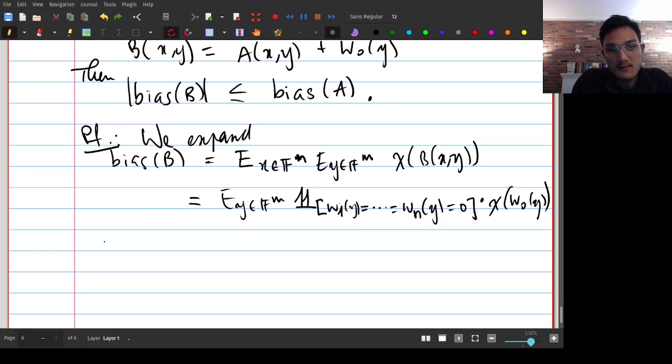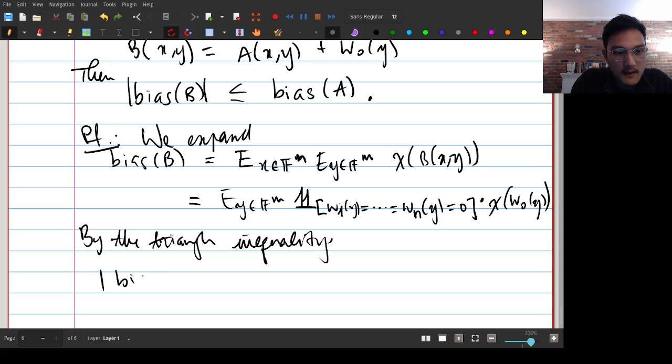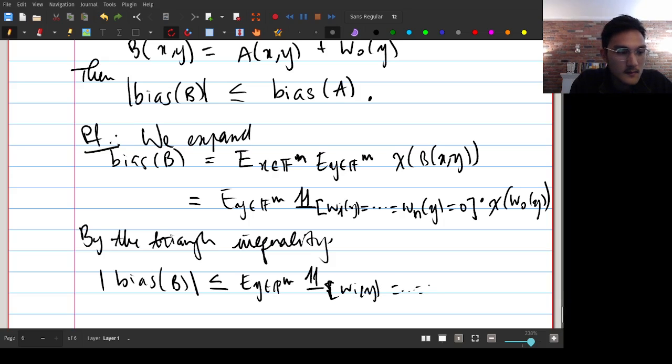Then, by the triangle inequality, the bias of B is less than or equal to the expected value over y in F^m, where we pull the absolute values inside, of the indicator that w_1(y) through w_n(y) are equal to 0, and the norm of this chi is just 1.